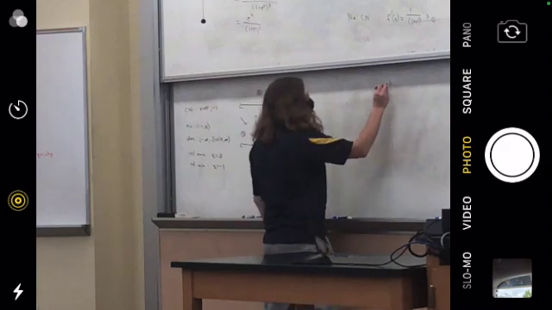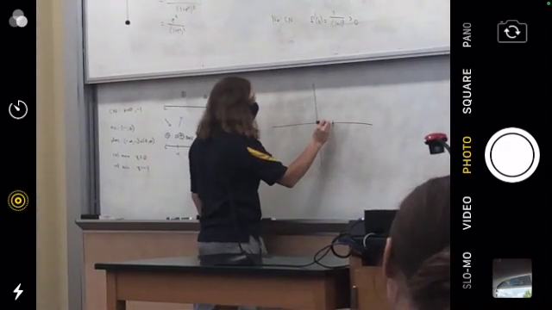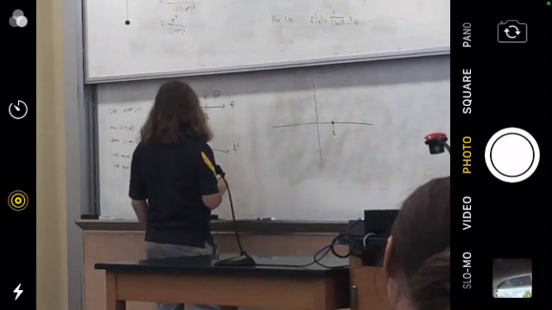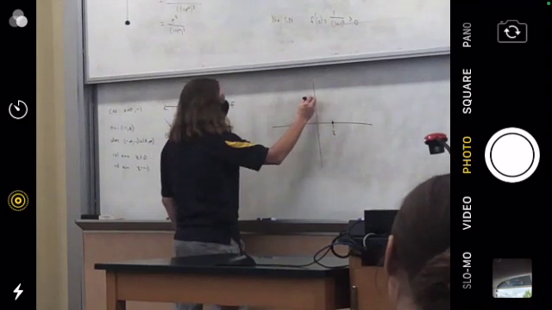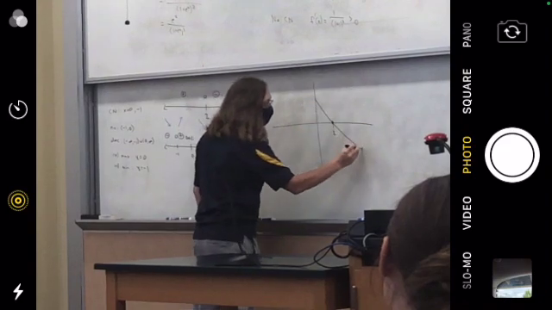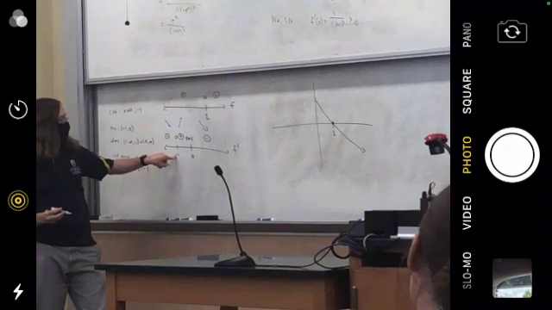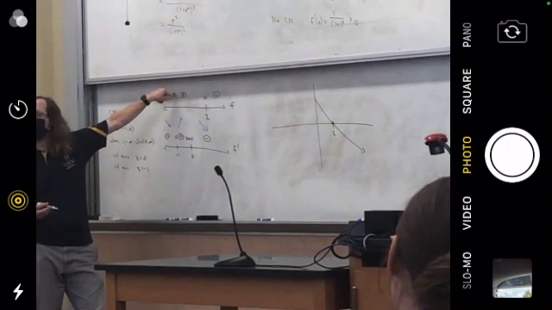So what does this graph look like? This says if I plug in 1, I get 0. And my graph must be decreasing. Or x equals 0, my derivative is undefined. And then x equals -1, my derivative is 0, but my graph is positive, right?